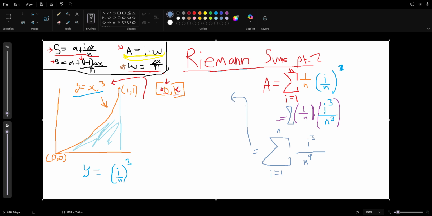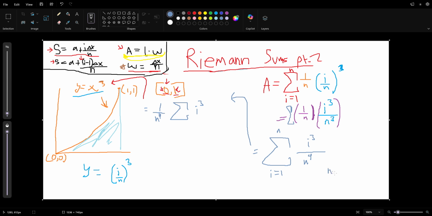Well, let me explain. We will now be taking out the n, because that is a scalar. So the sigma notation is the same thing of i cubed over 1 times 1 over n to the power of 4. Now, we have everything separated. And so, like from last video, you should remember the formula for the sum of i cubed.